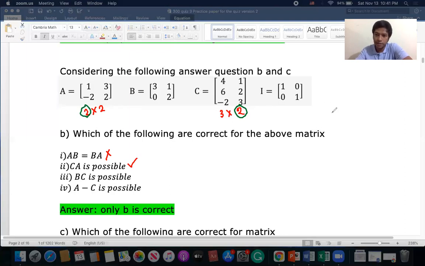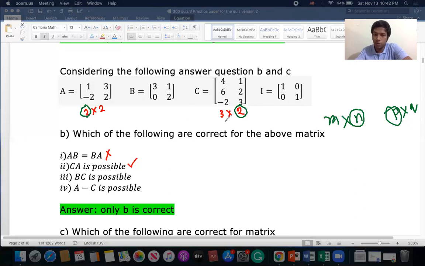If you have a matrix of order m into n and another matrix of order p into q, this is the first matrix, this is the second matrix. This multiplication is possible if n and p are the same. This value of the first matrix and this value of the second matrix in the order, if they are the same, then it is possible, and in this case you can see this is possible.